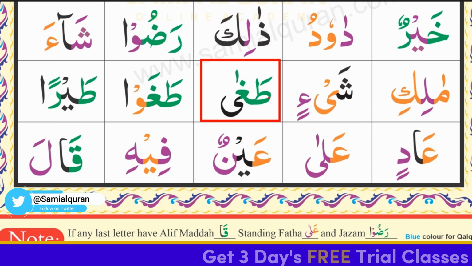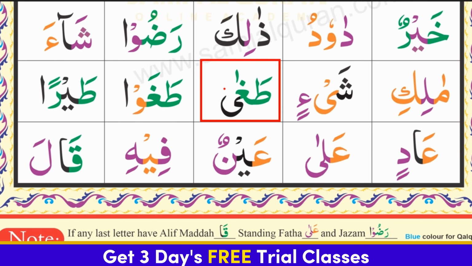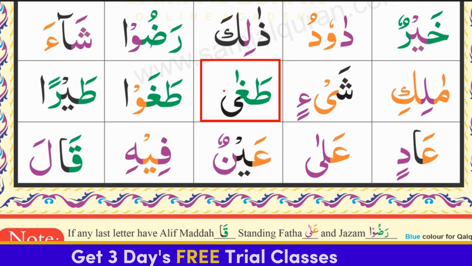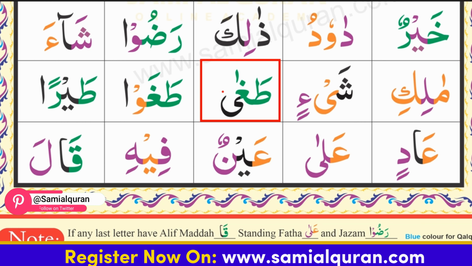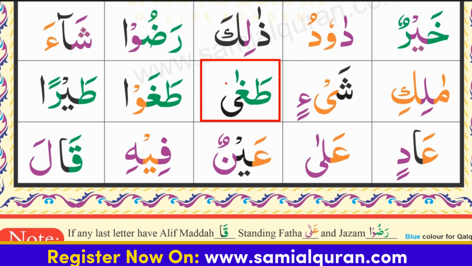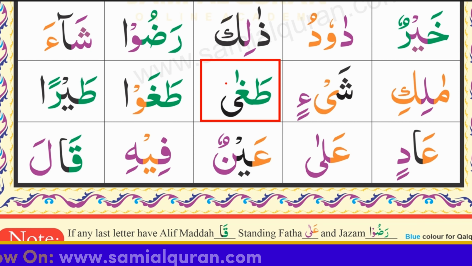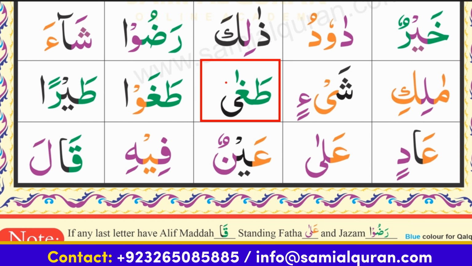Ta fatha ta. Ghain standing fatha gha. Tagha. Waqfan. Tagha. And also you remember, if any last letter have alif madda standing fatha and any sakin letter, like sakin means any letter comes with the sukoon sign, then in the waqfan we don't change the pronunciation of the word.